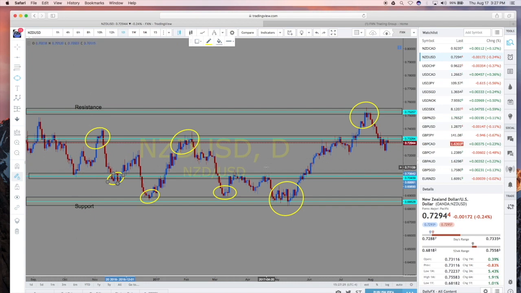So all these areas here are areas where you can potentially have setups of buying and selling using purely support and resistance. Just letting price get to that area of support and resistance, and then looking for either buyers or sellers to start coming into play and driving price the opposite way so we can get into trades. Okay? So again, support and resistance.